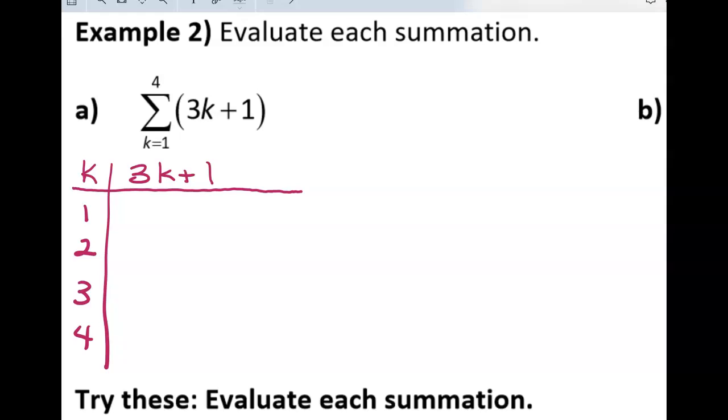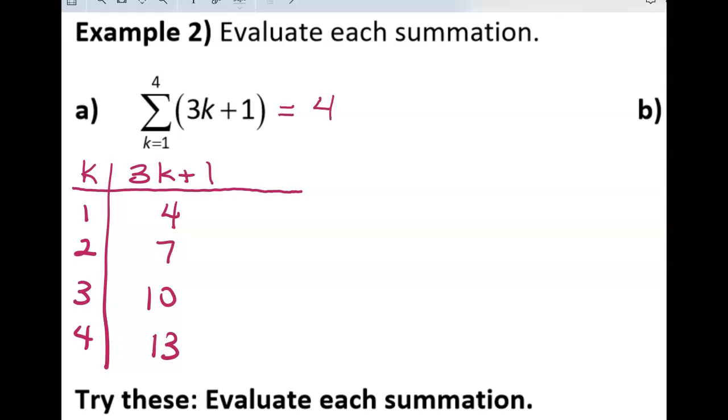If k is 1, then the value of 3 times k plus 1 is 3 times 1 plus 1, which is 4. 3 times 2 plus 1 is 7. 3 times 3 plus 1 is 10. And 3 times 4 plus 1 is 13. What you'll notice about this sequence of numbers, 4, 7, 10, and 13, is that they form an arithmetic sequence.